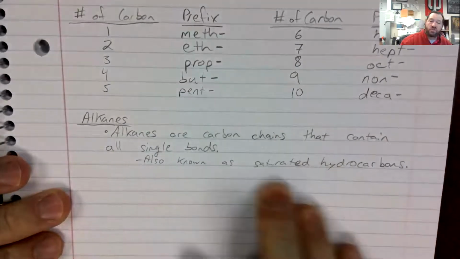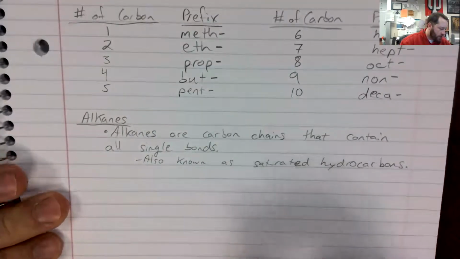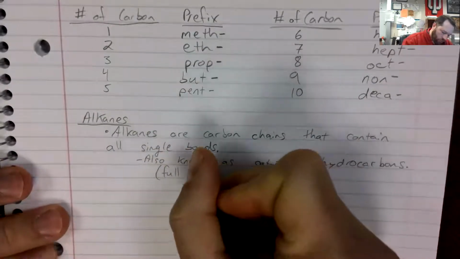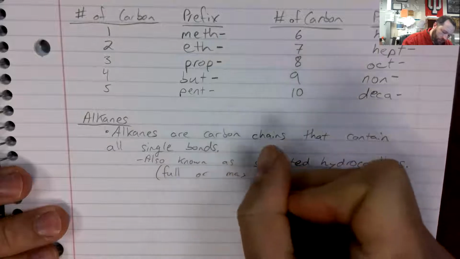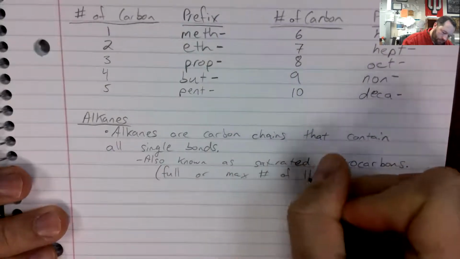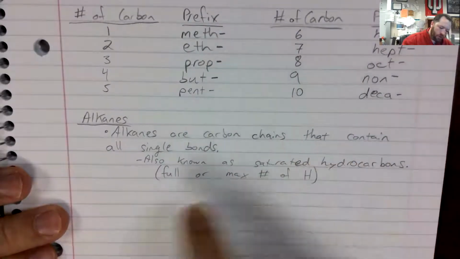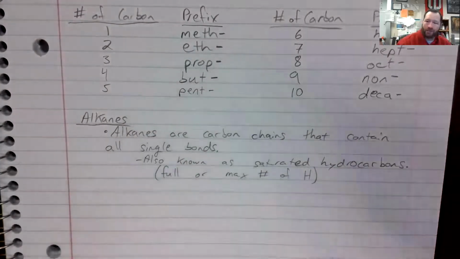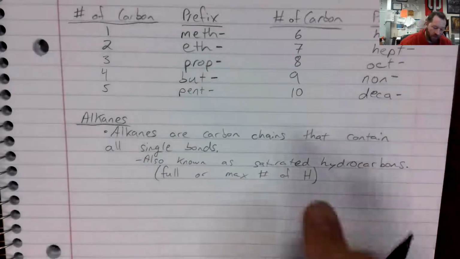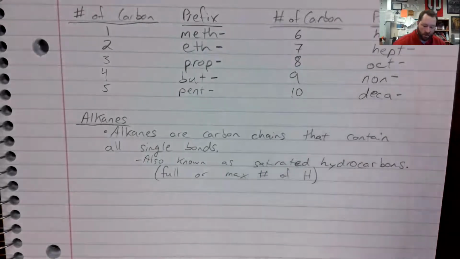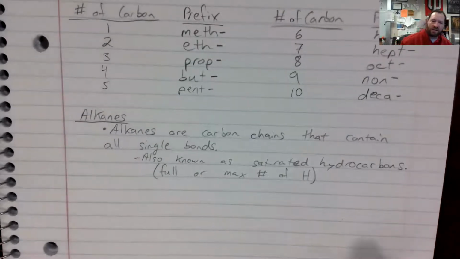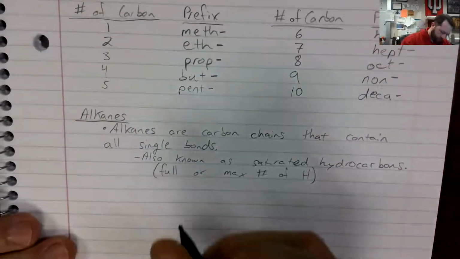These are also known as saturated hydrocarbons, which means saturated is Greek for full. So these are full, or they have the max number of hydrogen. So alkanes have as many possible hydrogen as they can. We call them saturated hydrocarbons. We'll talk about that more in a little bit. It should be a little bit easier to see once we've done a few examples.